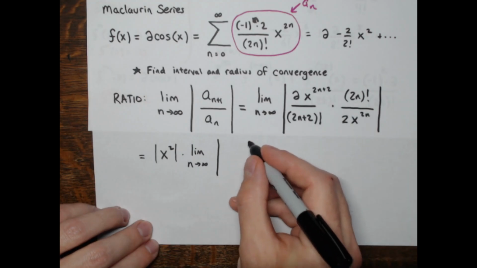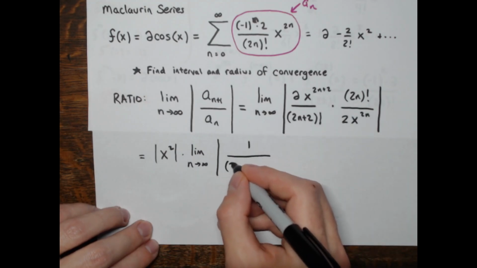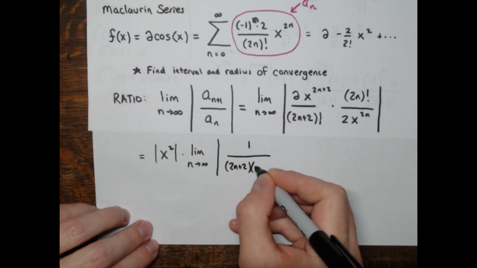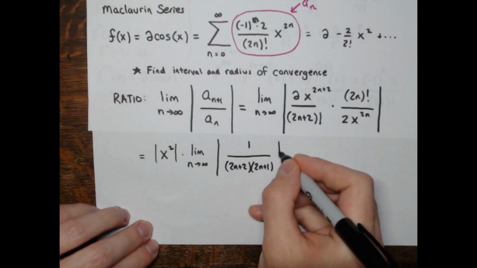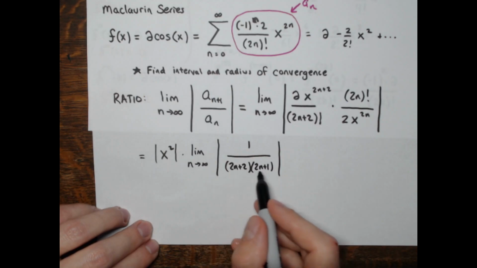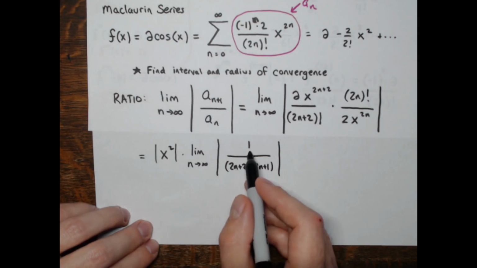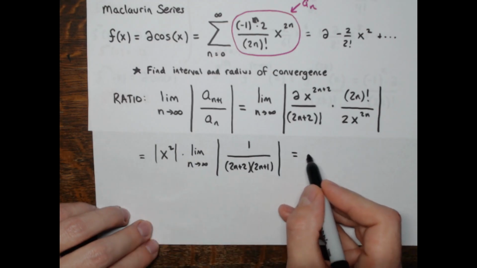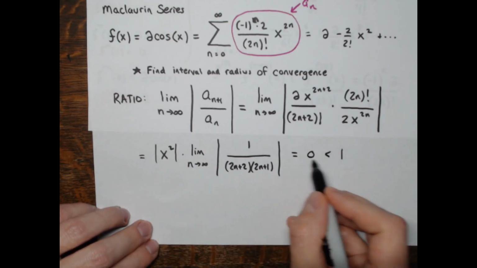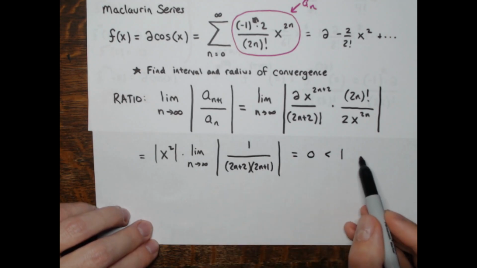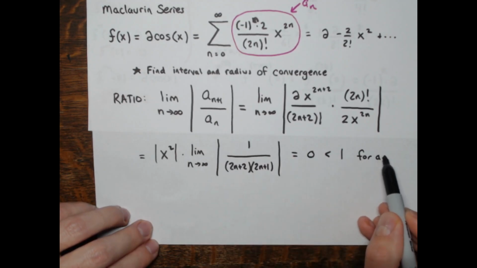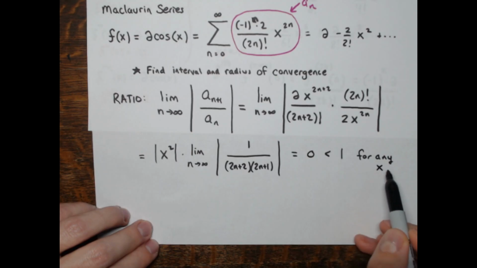So the 2n factorials would go away, and I'd be left with 1 over 2n plus 2 times 2n plus 1. And this limit is 0. The denominator will be getting huge as n gets infinite, and the numerator is always 1. So no matter what x is, this is less than 1. This limit is 0, which is less than 1 for any value of x.